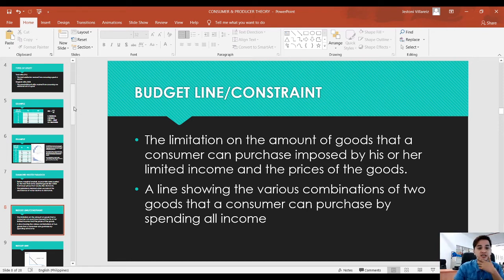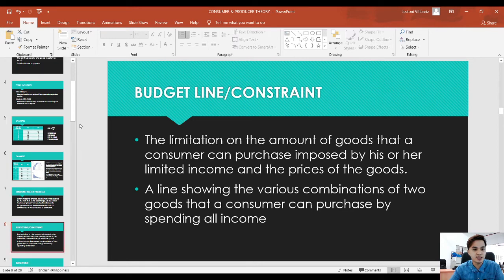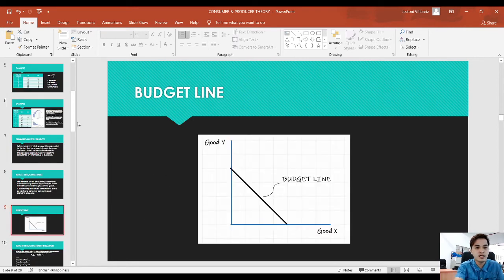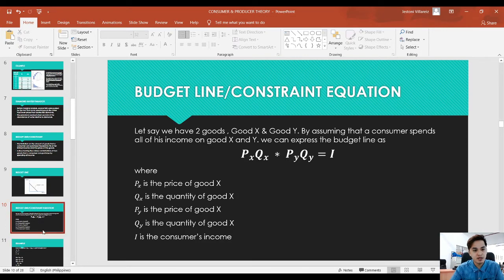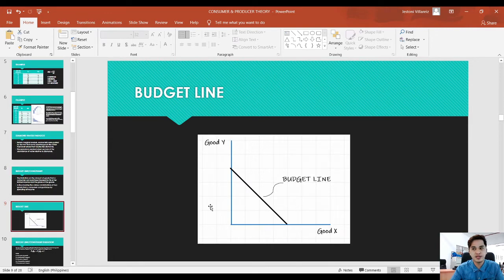Now, what is this budget line or budget constraint? This is the limitation on the amount of goods that the consumer can purchase imposed by his or her limited income. So a budget line or budget constraint is simply a line.